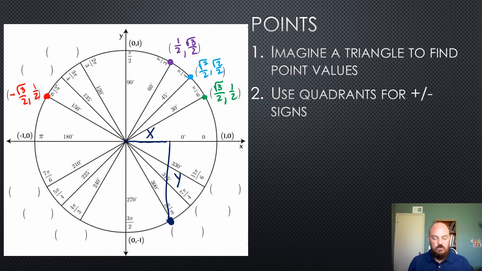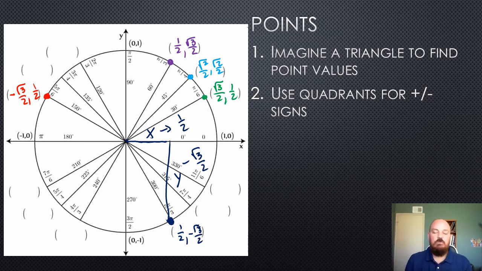Now x is definitely the shorter one, that's the 1/2, and this time x was to the right, so that's positive 1/2. Y is the longer one, that's the radical 3/2, but this time, since it was down, that's the negative one. And it's always x comma y, so this point is positive 1/2, negative radical 3/2.